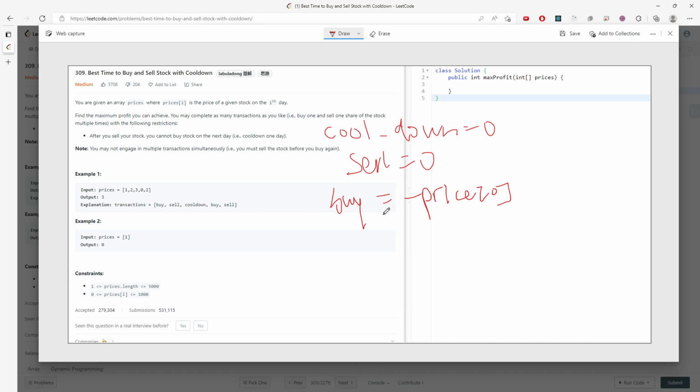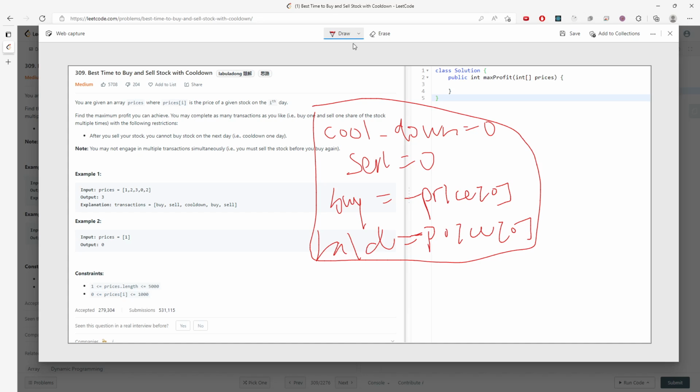I can also hold the first one, which means I bought it, so hold is equal to negative price at 0. You might wonder why negative. This is because when you buy a stock, you are losing money. So this is pretty much the default value.